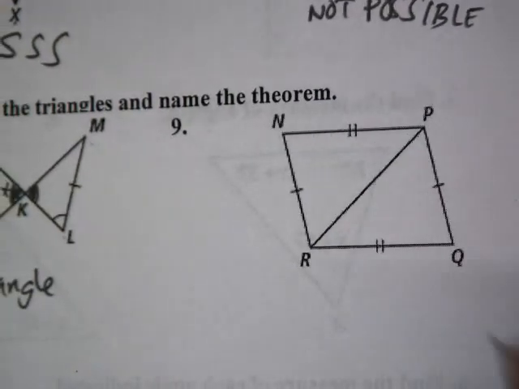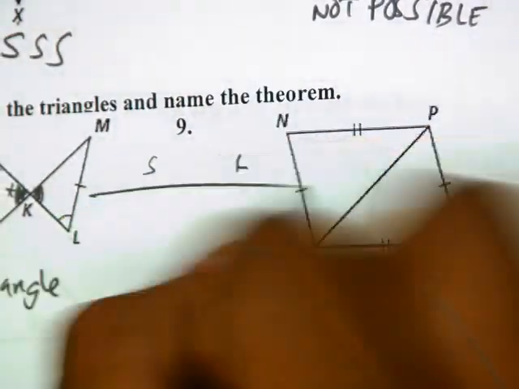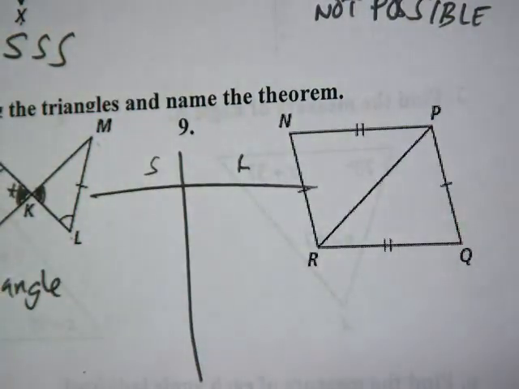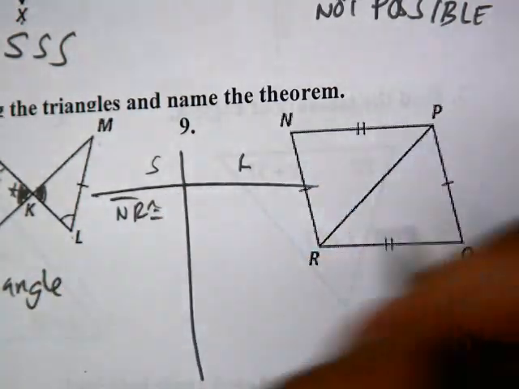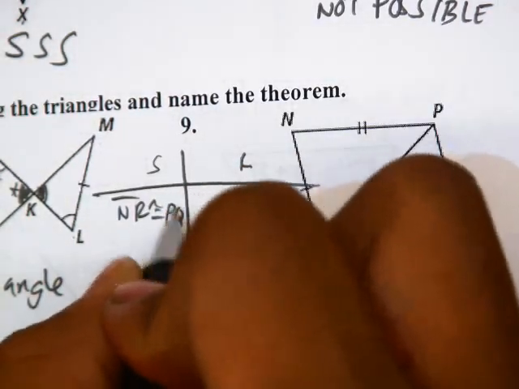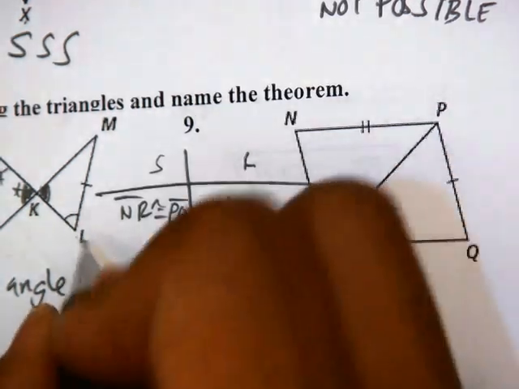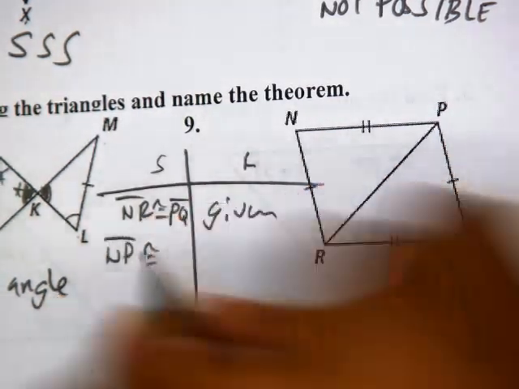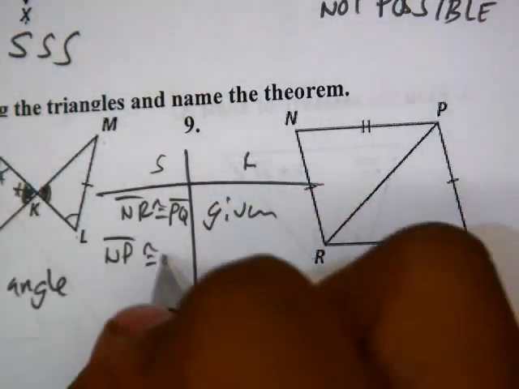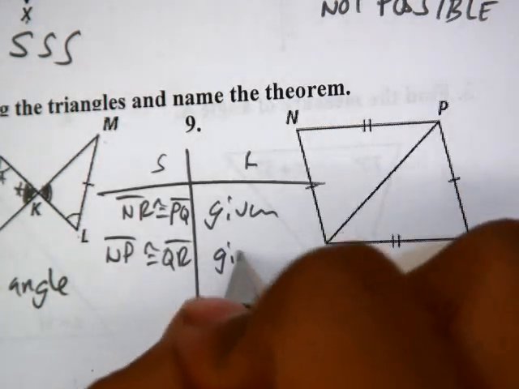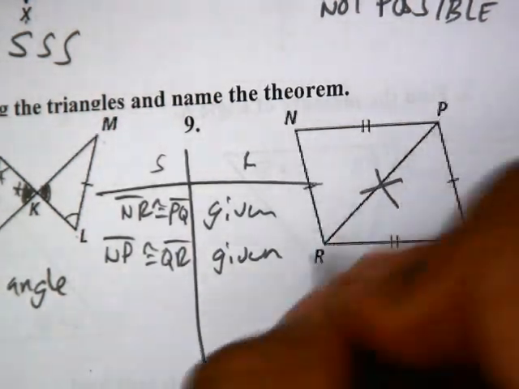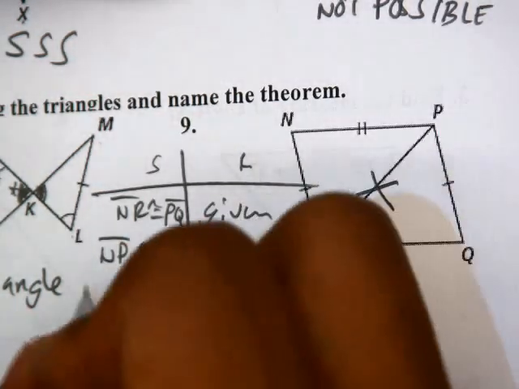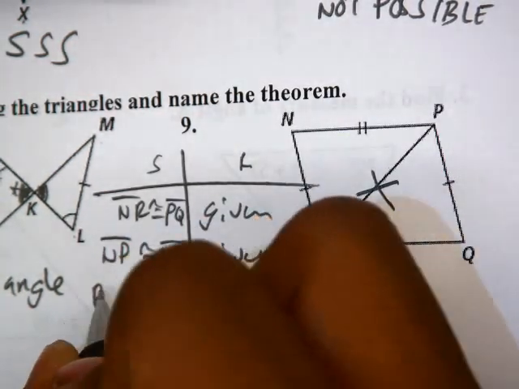And number 9, again, I have to do a proof, statements with reasons. NR is congruent to PQ. That's given to me. NP is congruent to QR. That's given to me. And this should be equal to itself because it's shared between both triangles.